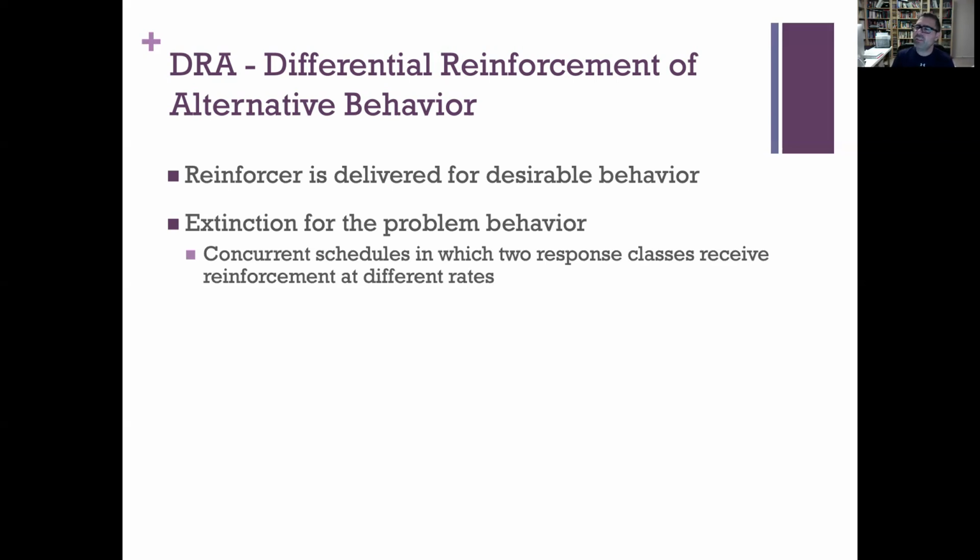Imagine you're teaching someone to initiate conversation in order to get attention, as opposed to engage in disruptive behavior. Initiating conversation may not always look exactly the same, and that's why we refer to it as a class of behaviors. This class of behaviors may produce reinforcement, in the beginning of treatment, every single time it occurs. Every single time the individual initiates conversation, you have to reinforce, because if you don't, problem behavior may emerge.